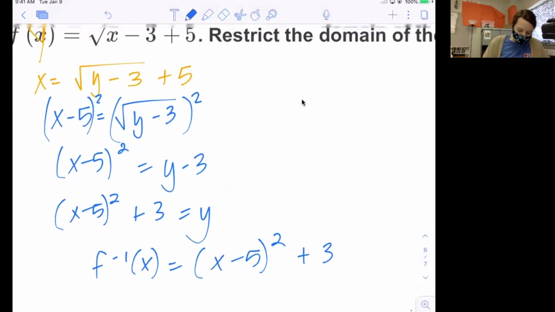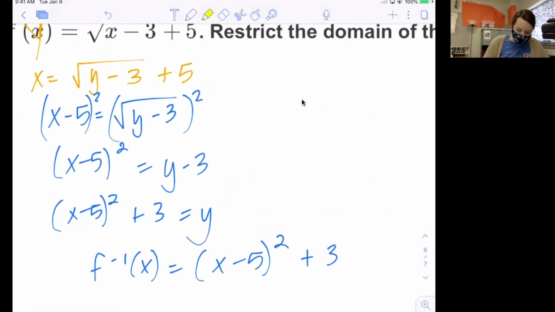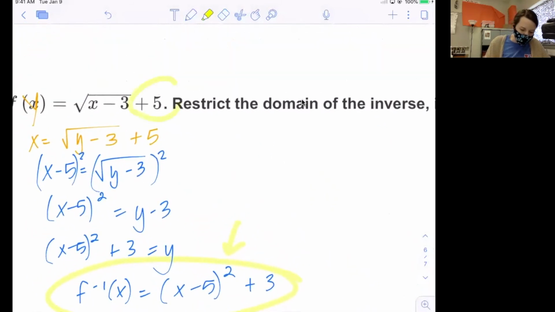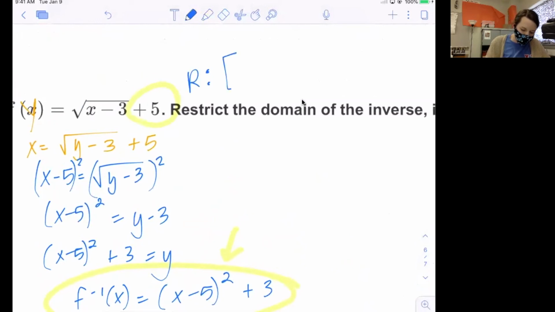We need to restrict the domain of our quadratic, which again happens to be our inverse function. Sometimes it might be the original function, but here I have the squared term, so this is the one we need to restrict. We come back up to our original function, where our range is from positive 5 to infinity. Remember, we always check our a value to make sure that it's going up.